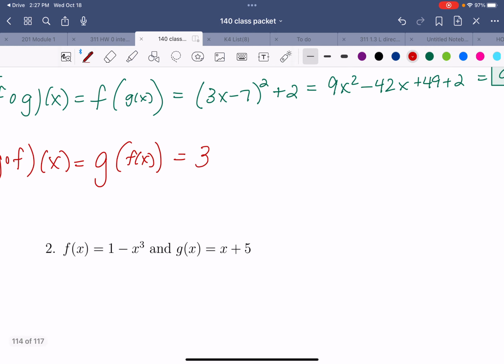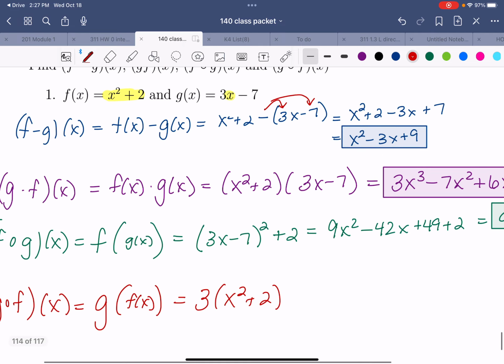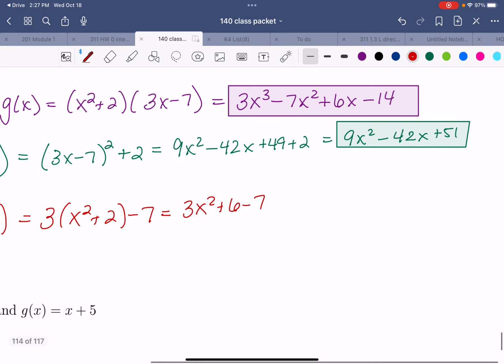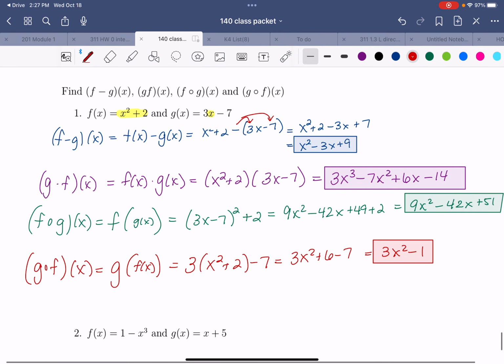So I'm going to take 3 times x squared plus 2. Is that minus? Yes, minus 7. We can go ahead and distribute the 3. So 3x squared plus 6 minus 7 is going to give me a final answer of 3x squared minus 1. Okay, so there's our number 1.